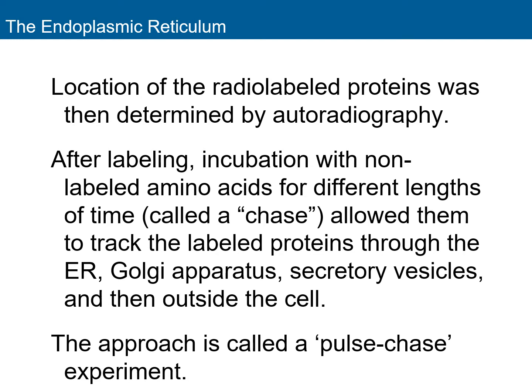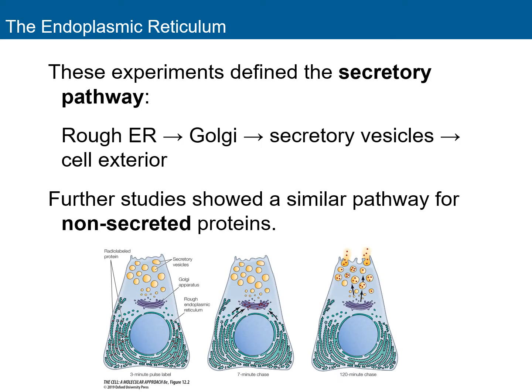Then they would let the cells produce the regular types of proteins without radioactivity on them, and then at different time points they would follow where those proteins are moving. That way they were able to find out the secretory pathway of the cells. And that pathway is based on this pulse chase experiment that they did on acinar cells.